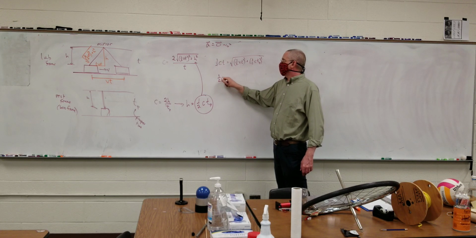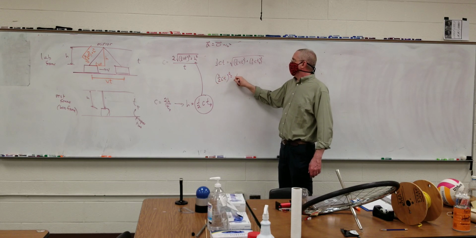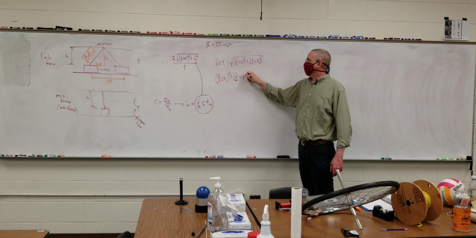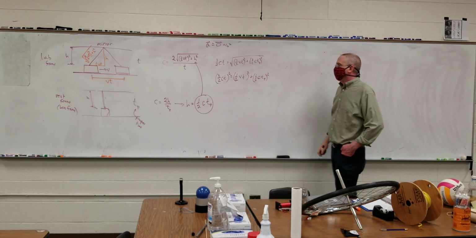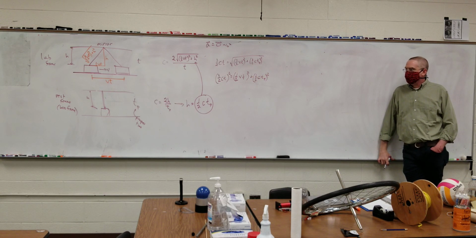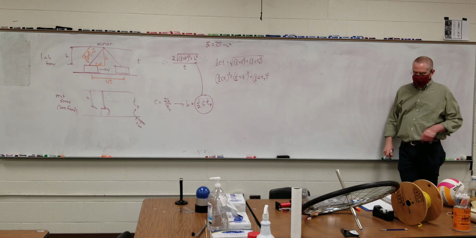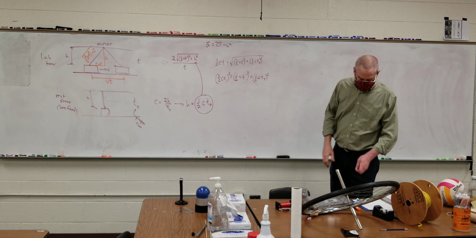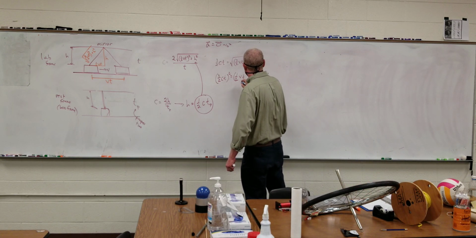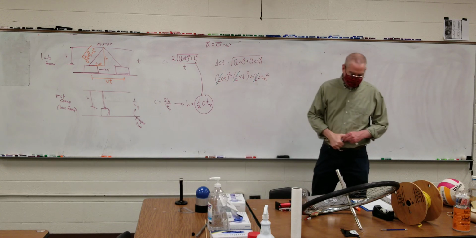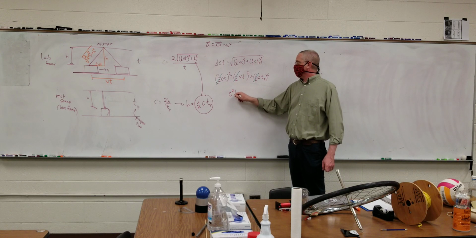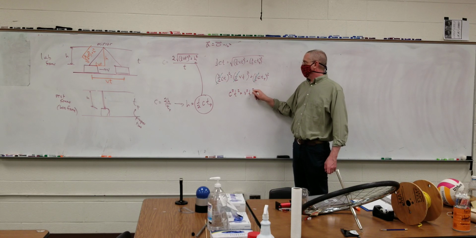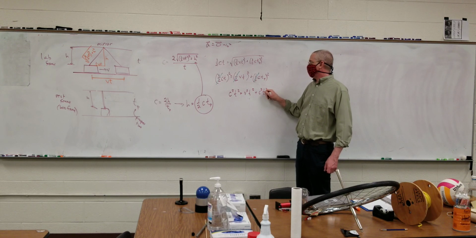So I have (1/2 ct) squared is equal to (1/2 vt) squared plus (1/2 c t_p) squared. Now I've got 1/2 squared in every term, so I can just get rid of it. Multiply everything by 4, the 1/2s go away, and I'm left with c squared t squared is equal to v squared t squared plus c squared t_p squared.